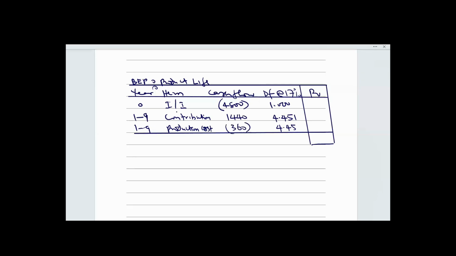So multiply to get the present value. What you get? Yes, 6409. 360 multiplied by 4.1602. So the difference is 7. All right, so that's the NPV.